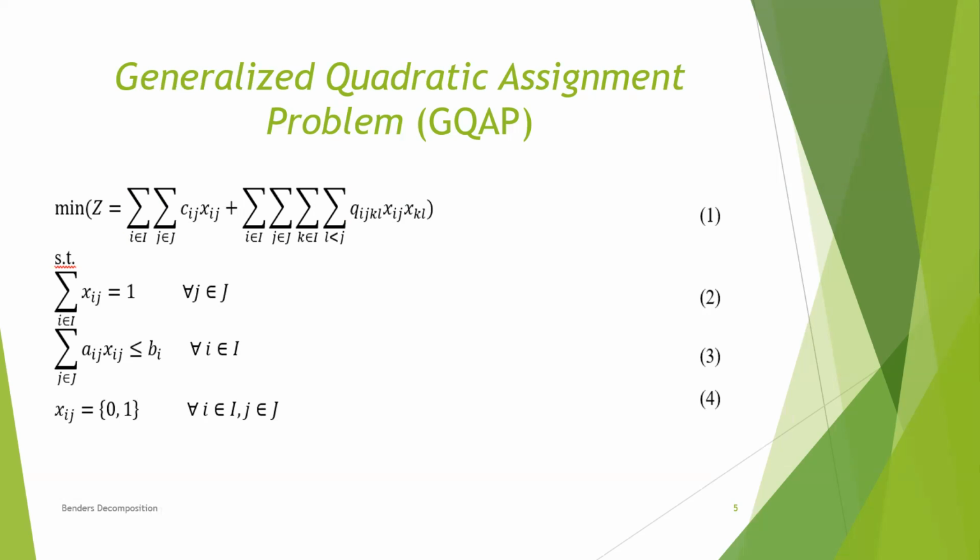So it is known as a well-known NP-hard optimization problem, which is a combinatorial optimization problem. This problem is non-linear due to the second term in the objective function. It is also NP-hard due to the assignment constraint, number 2, and the capacity constraint, number 3.